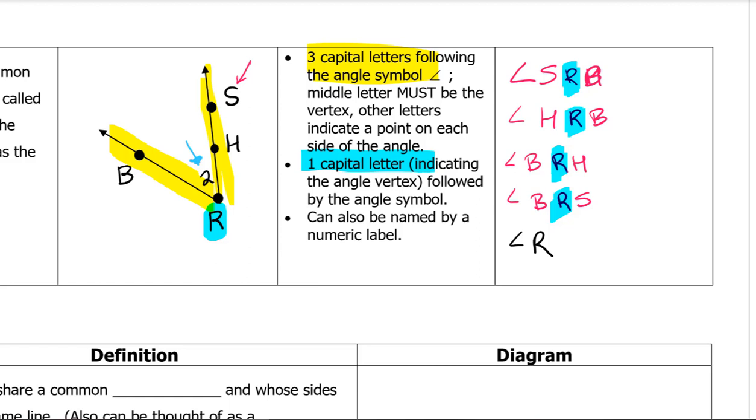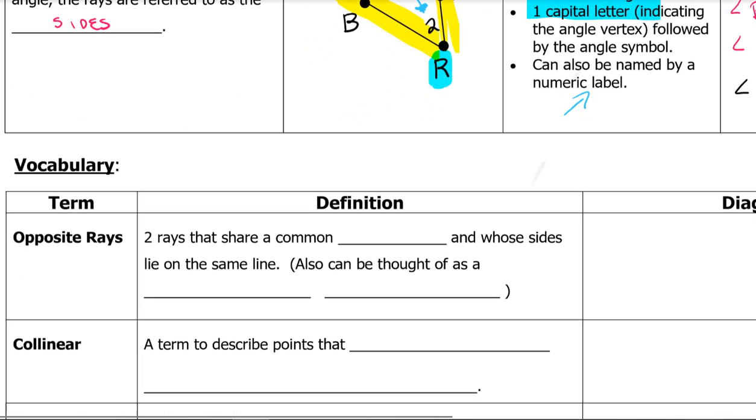So another way that you could name that, and this is the last way, is by its numeric label. So we could also say angle 2. So those are two different options with just a singular thing. We could just say angle R or angle 2, or we'd use all three letters. But again, remember, they've got to be capitalized, so just take your time on that.